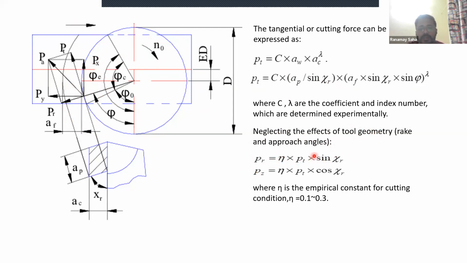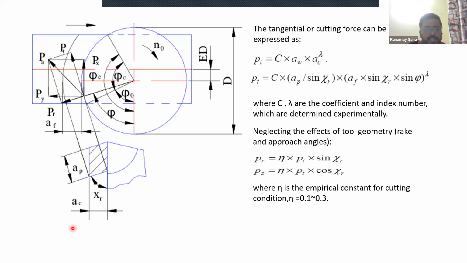You can find PR, and that is the radial force. You can also find PZ, that is the axial force. Once you have found them, here eta is the empirical constant, which can vary between 0.1 to 0.3 otherwise. Now, all these force expressions have been empirically found by researchers.